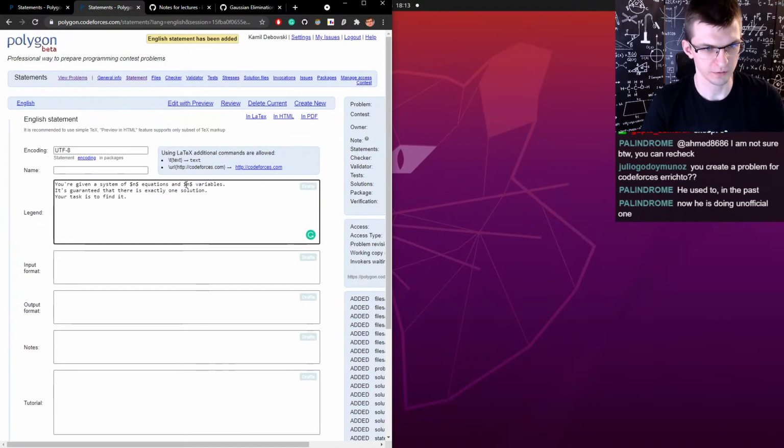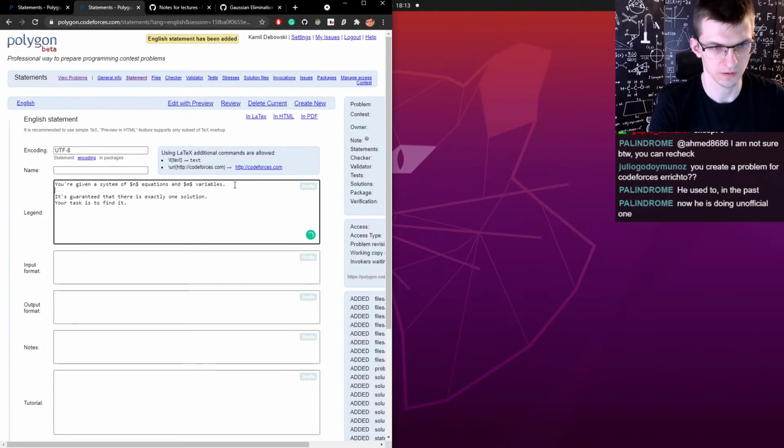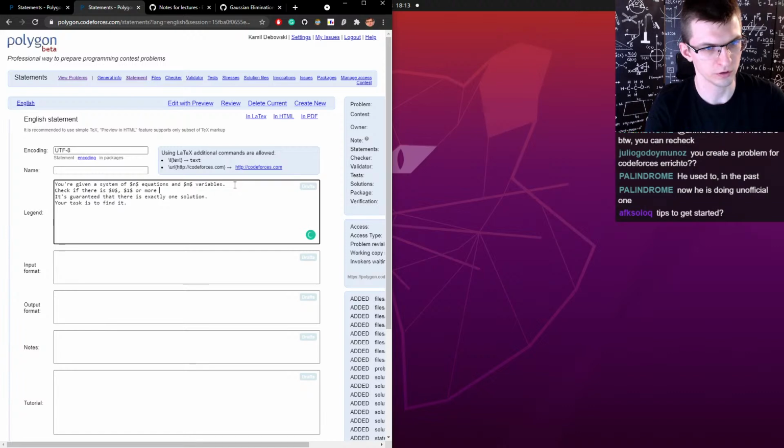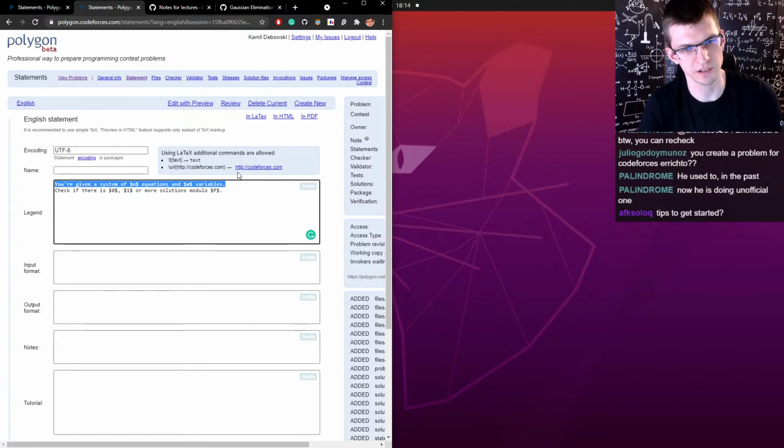Given a system of n equations and m variables, check if there is 0, 1, or more than 1 solutions modulo p. Maybe here I should say given a system of this along with a prime p.